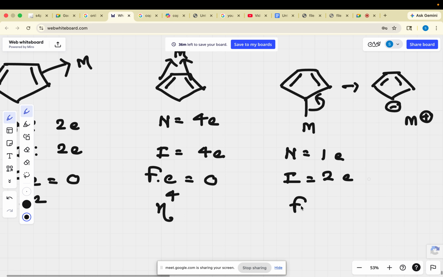And formal charge will be -1 and eta value will be 1. Clear?